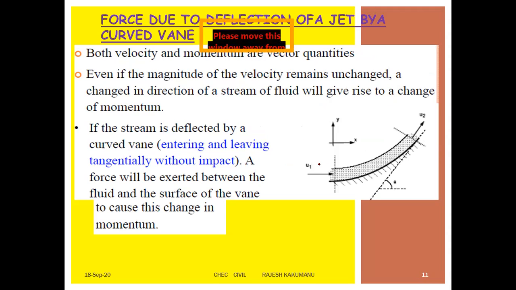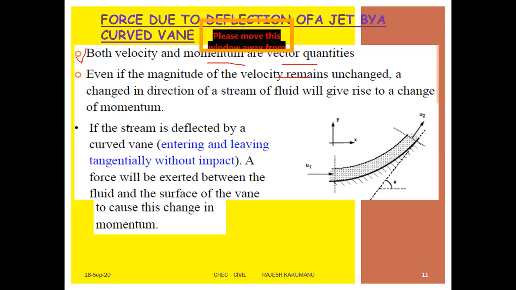Now both velocity and momentum are vector quantities. Even if the magnitude of the velocity remains unchanged, the change in the direction of the stream of fluid will give rise to a change in the momentum.